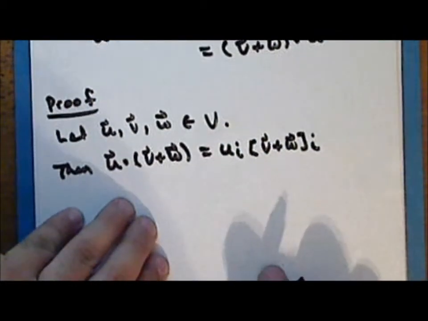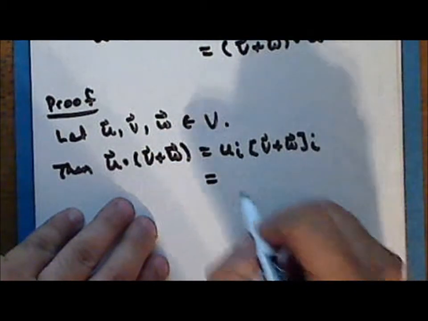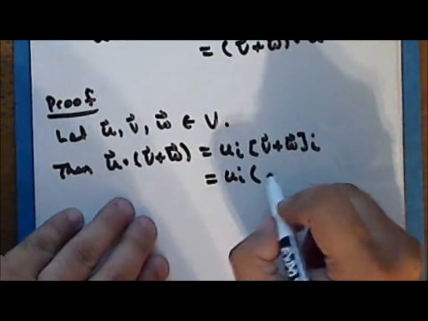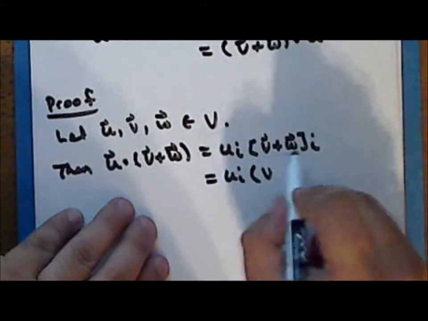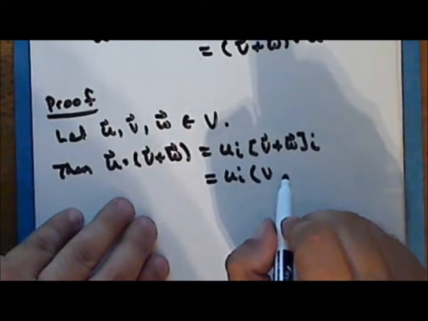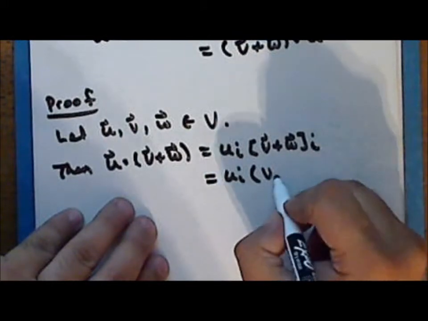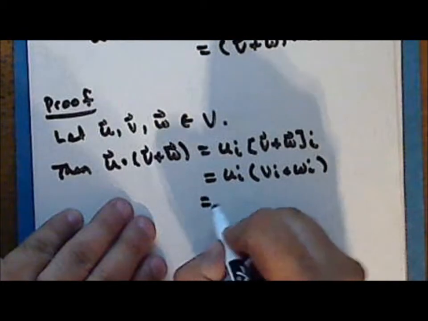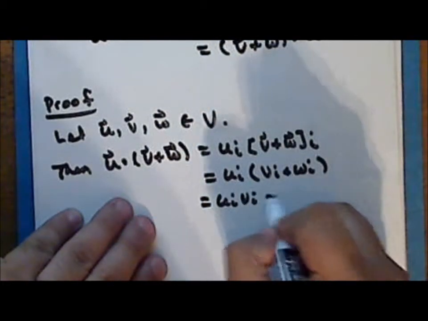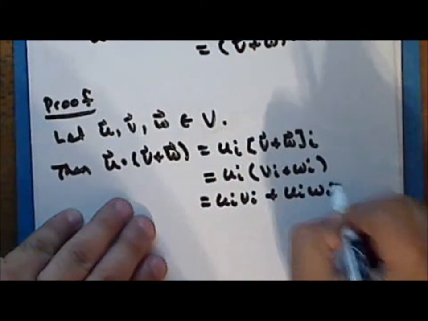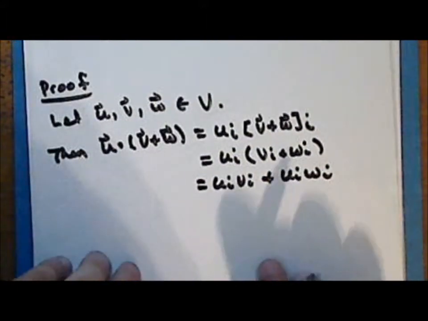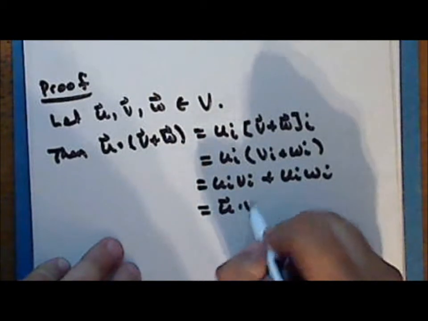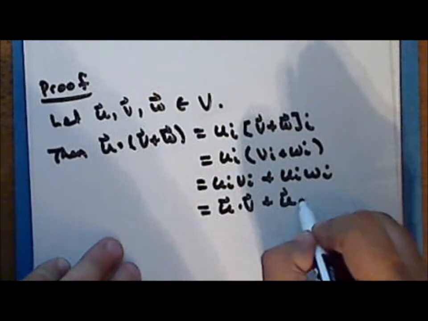This is u sub i times the sum v sub i plus w sub i, which is u sub i times v sub i plus u sub i times w sub i. This does distribute as these are now scalars. And so this is the same as u dot v plus u dot w.